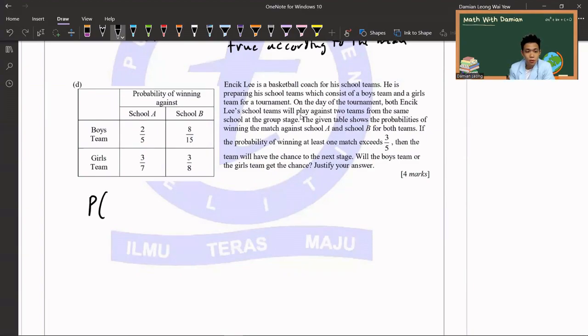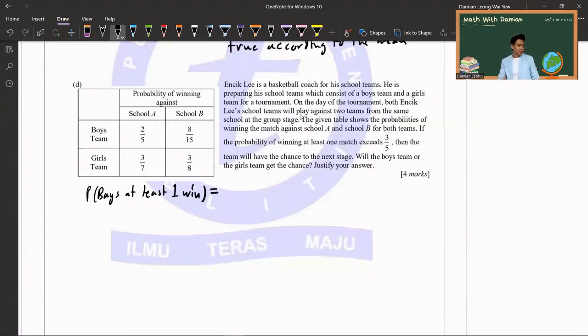So probability for boys winning at least one. At least one win. So probability of them having at least one win.